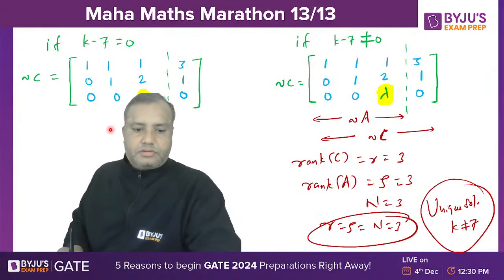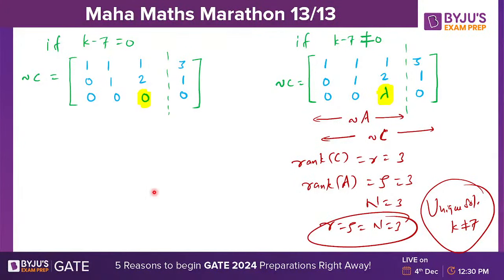Okay, come this side. If k minus 7 equal to 0, rank of C, this entire matrix, will be 2. See this matrix A only, up to the dotted line.